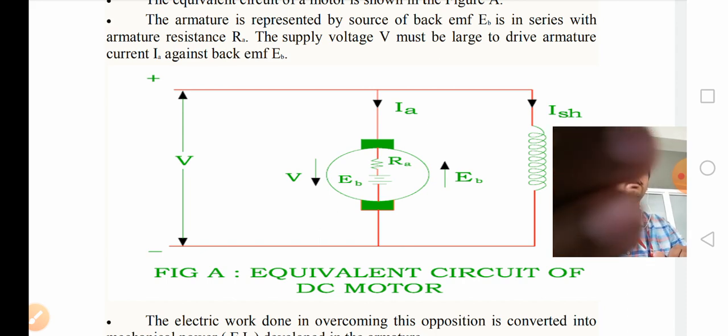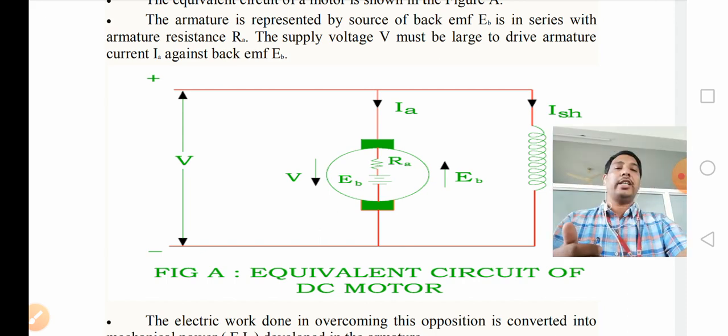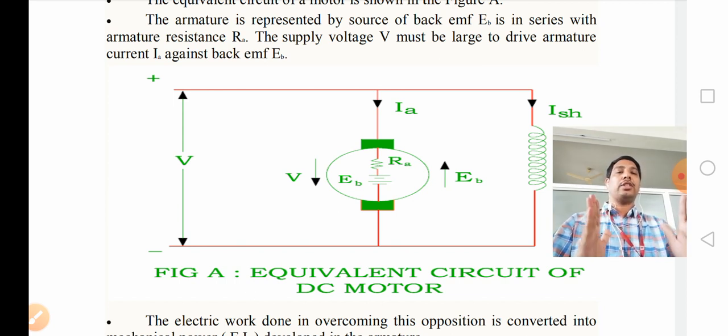If you change the supply voltage, that leads to a change in the back EMF also, which is given by PϕZN/60 into P/A, and these both are in opposing directions.